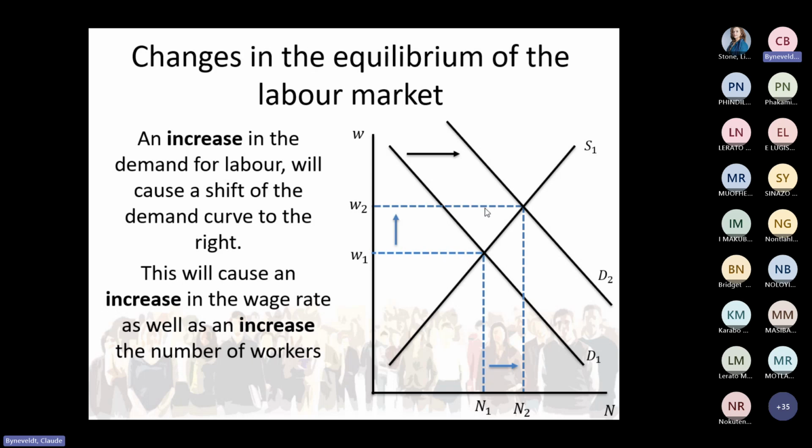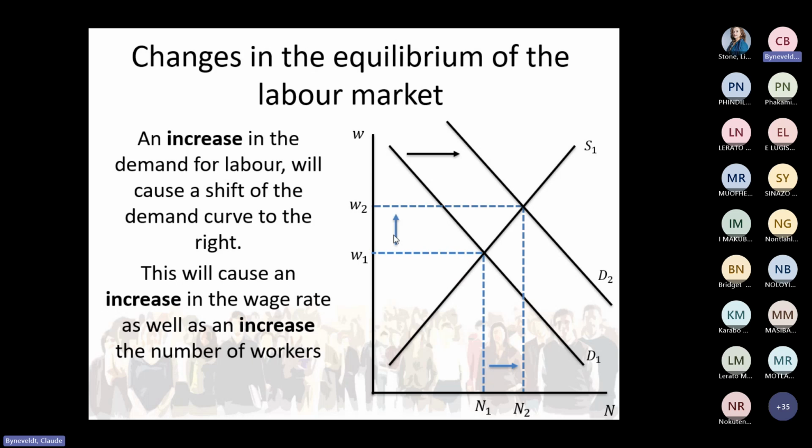Now, if the demand for labor increases, firms demand more labor because there's more demand for goods and services. They will have to produce more goods and services, so production has to increase. What will happen then? The demand for labor curve will shift to the right, parallel to D2. The new point of intersection will be where the new demand curve intersects the old supply curve.